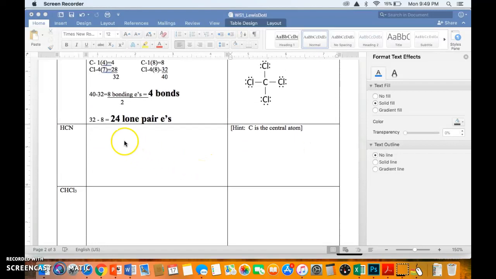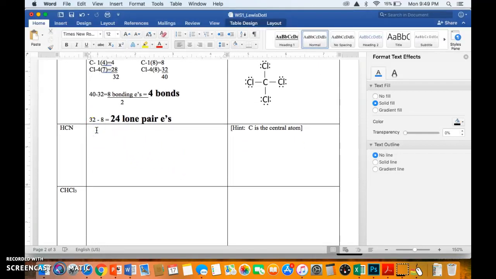All right. Let's do one more together. I list my elements: H, C, and N. I have one hydrogen, one carbon, and one nitrogen. How many valence electrons does hydrogen have on my periodic table? 1. How many does carbon have? 4.